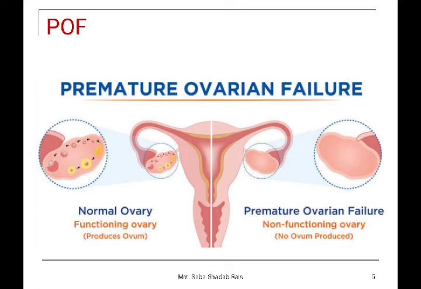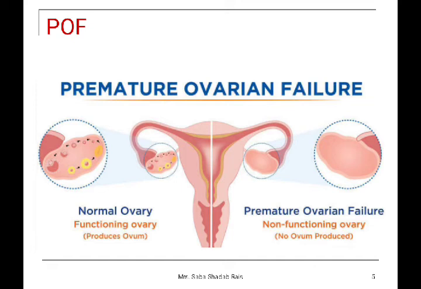You will say it is a menopause situation, but no, it is not like that. Before the age of 40, if the ovary stops working, then if ova are not there, there is no chance that the woman will become pregnant normally. This is also known as POI, primary ovarian insufficiency.